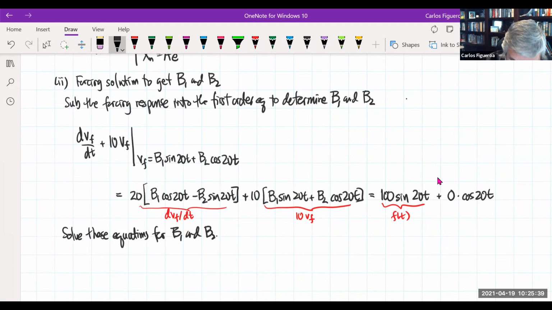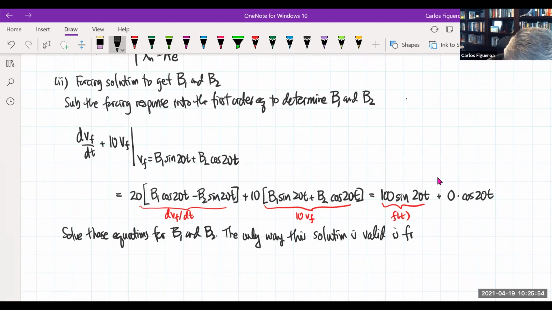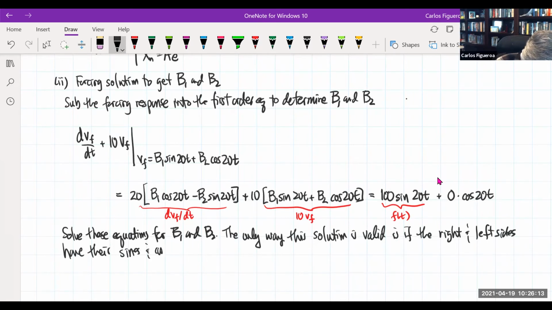The only way this solution is valid is if the right and left sides have their sine and cosine cofactors equal to each other.